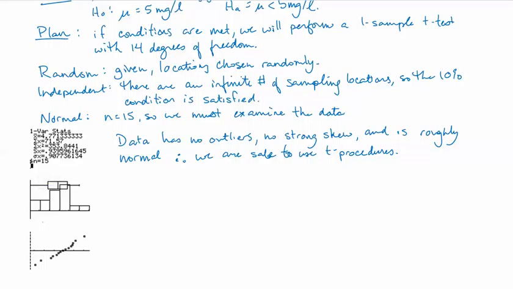Okay, so as I said, the data has no outliers, no strong skew, and is roughly normal, therefore we are safe to use t procedures. We can also see down here the normal probability plot is roughly linear.